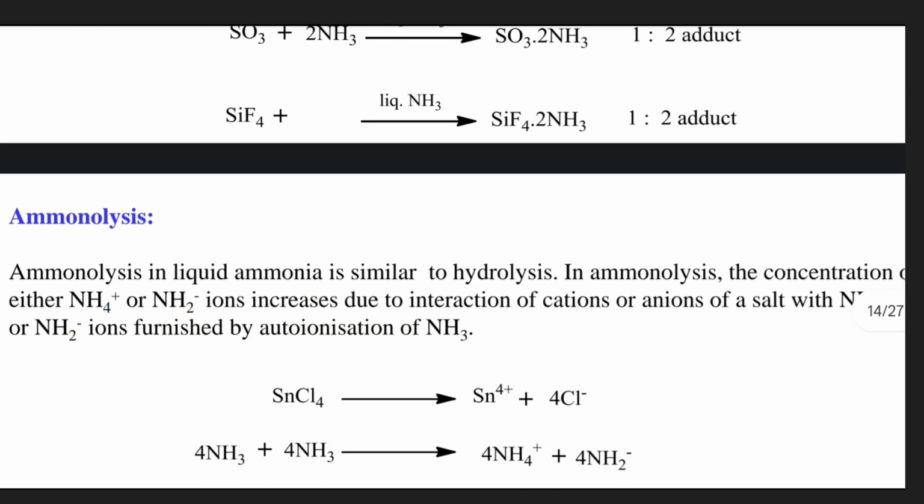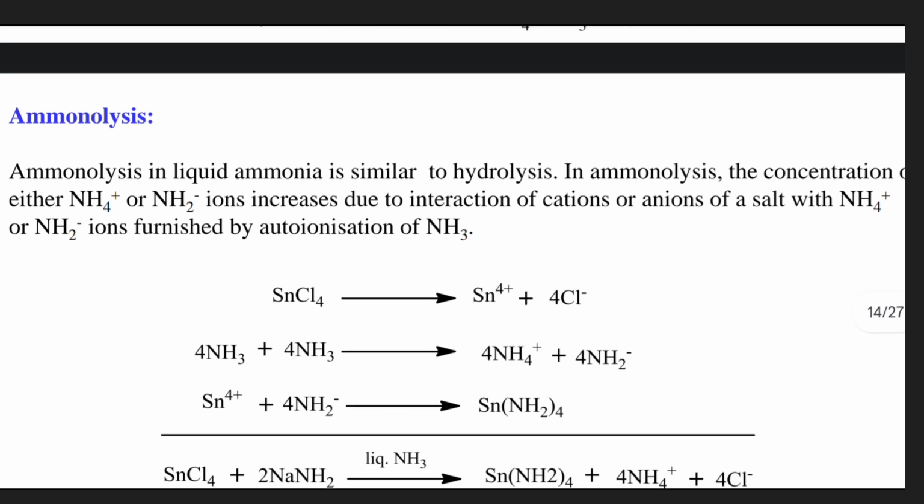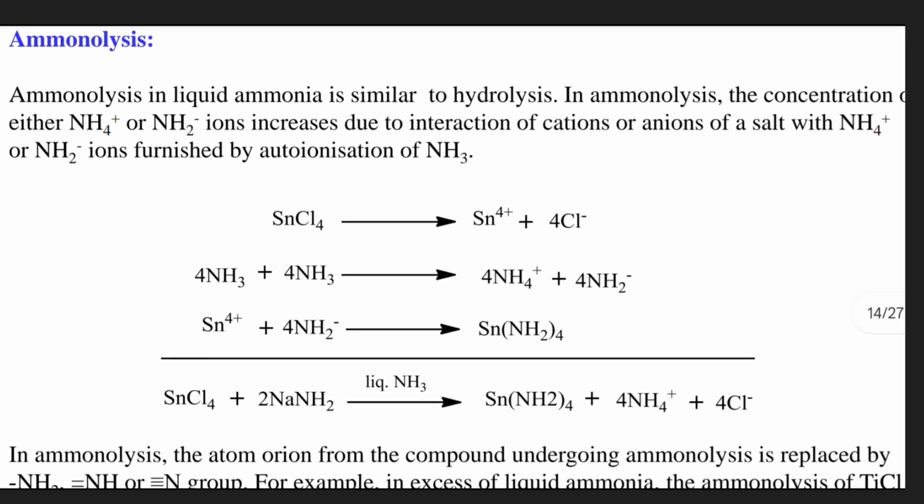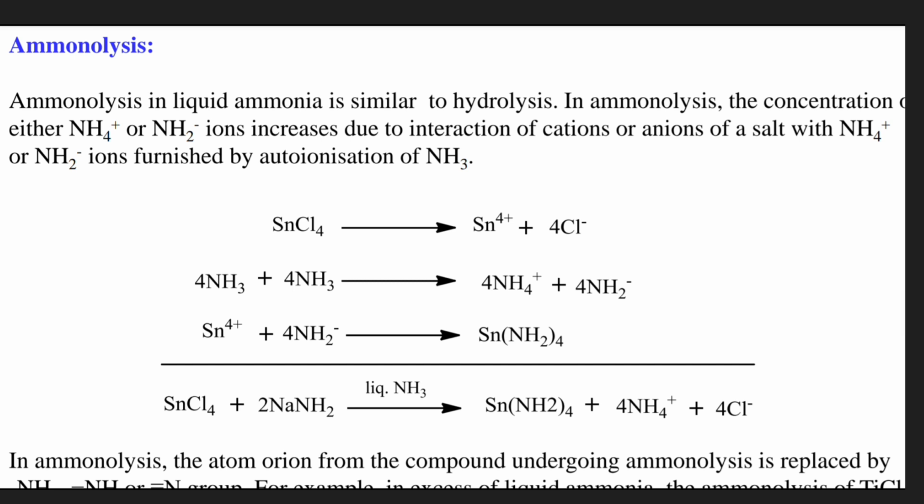Similarly for SiF4. Ammonolysis. Ammonolysis in liquid ammonia is similar to hydrolysis. In ammonolysis, the concentration of either ammonium ion or amide ion increases due to interaction of cations or anions of a salt with the ammonium ion or amide ion furnished by autoionization of ammonia.